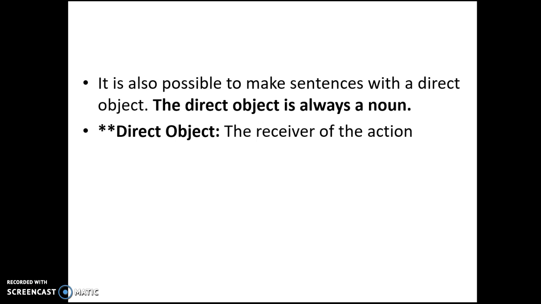So the direct object in a sentence is the receiver of an action. So the direct object is also a noun. So there will be two nouns in a sentence when we're using the accusative. And the direct object is the receiver of an action in that sentence.